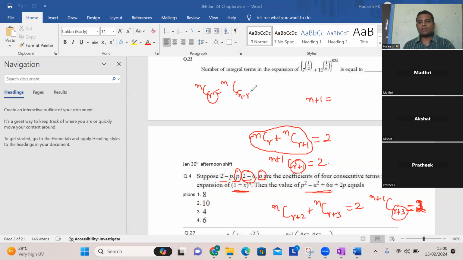So when you add up these two, you should get whatever is there above. So when you add both, you'll get 2r plus 4. 2r plus 4 should be n plus 1. So then you can write n should be 2r plus 3.